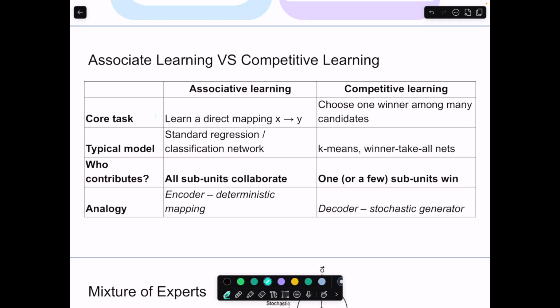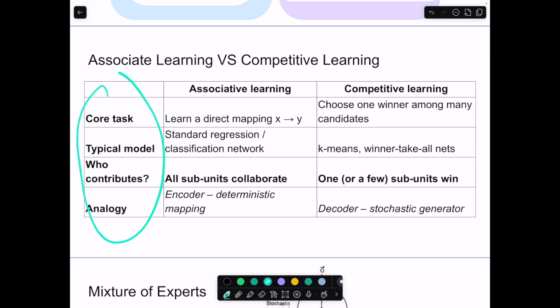Here's a quick summary for the comparison. There are 4 dimensions we differentiate associative learning and competitive learning. For the core task, associative learning maps input to output deterministically, whereas competitive learning selectively chooses one subnetwork to produce output. A typical model for associative learning, you can think about standard regression or classification network, whereas for competitive learning, you can think about k-means or a mixture of Gaussians.